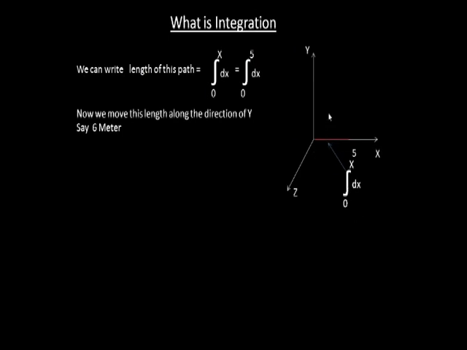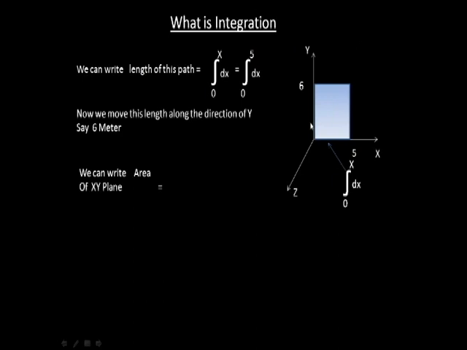If we are moving along the y direction, then we will get an area of the xy plane. If there is some value, then the area will be the product of x into y.